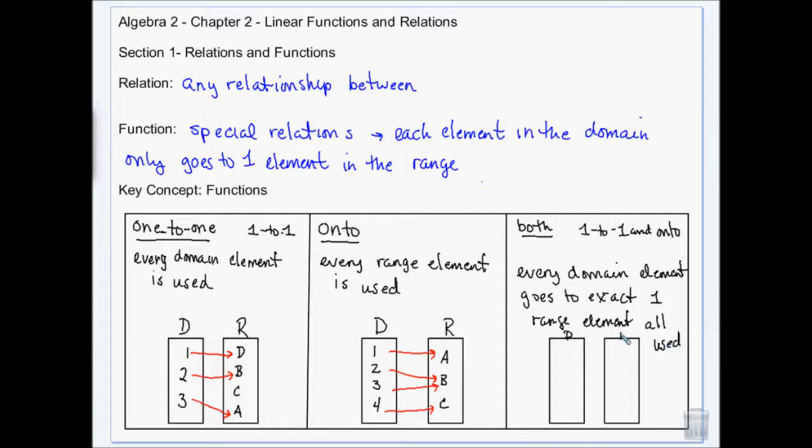So again, this is my domain and this is my range. Basically what I'm saying in this case is I have the same number of numbers in both, and each set they're paired off individually. I'm sorry, and also on one-to-one, every element is used only once.